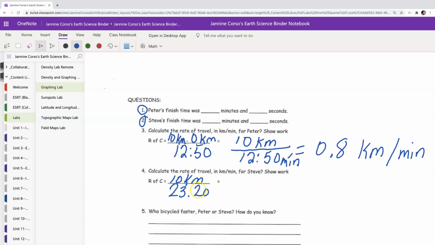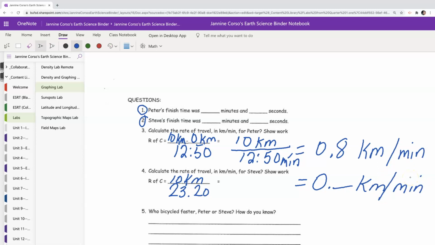So you set your problem up, you divide, and it's going to tell you how many kilometers per minute Steve rode. Again, this is going to be a decimal. You get your answer by doing 10 divided by 23.20, and that will break down to a decimal. We can round it to the nearest tenth, and it would be kilometers per minute.